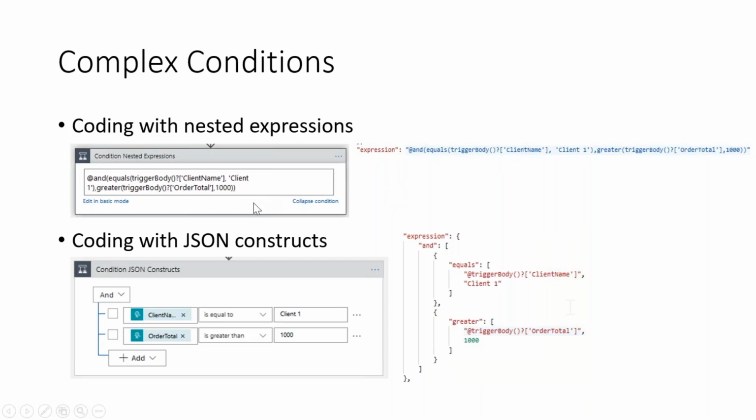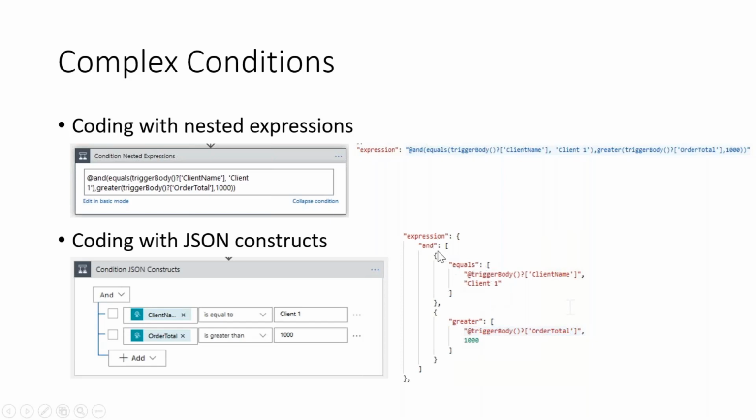expressions before, right? They released this new way of working with these complex conditions, and now it's much easier to work in the designer, not just the designer, but also in the code view. So the difference is huge in terms of what you see of those expressions, right?